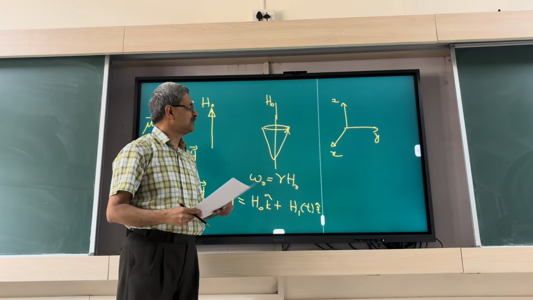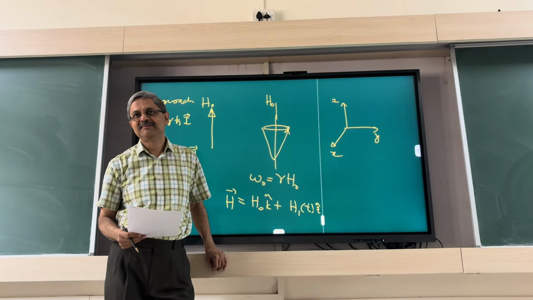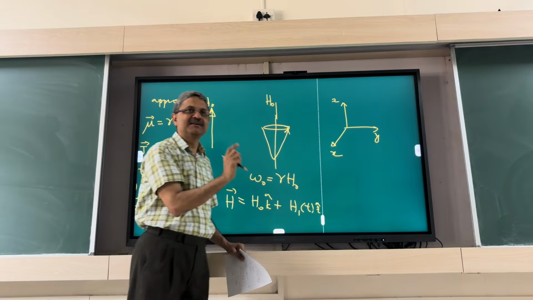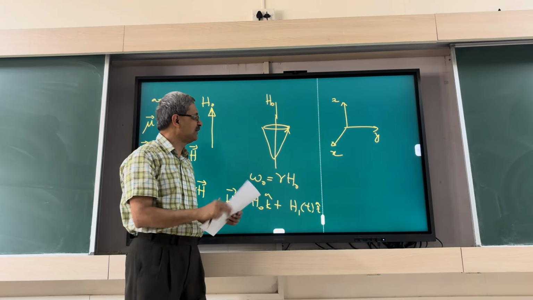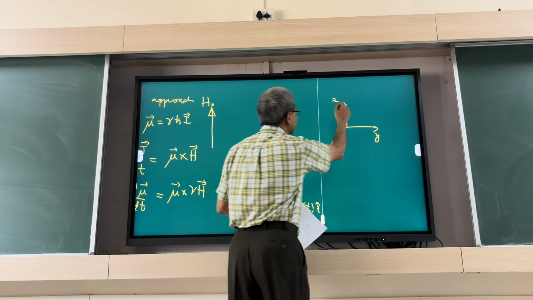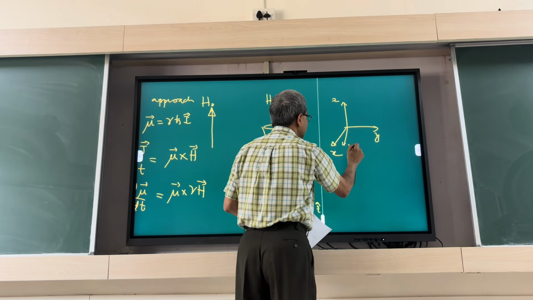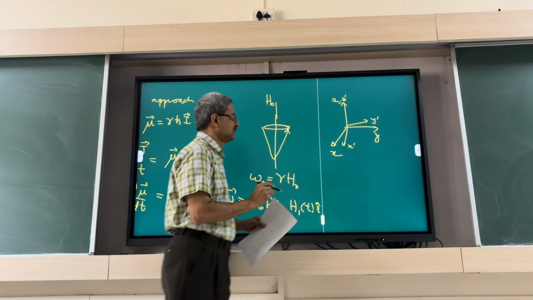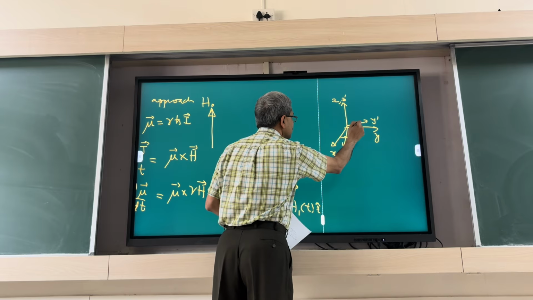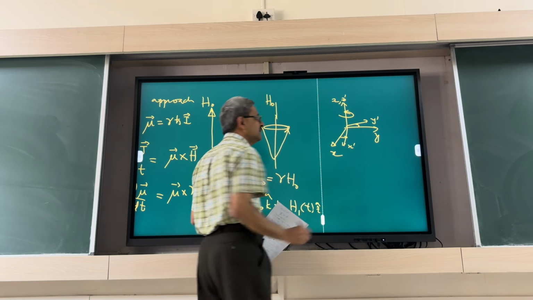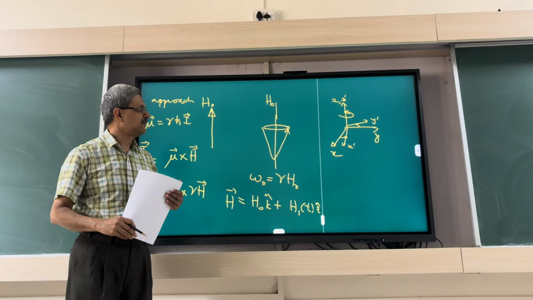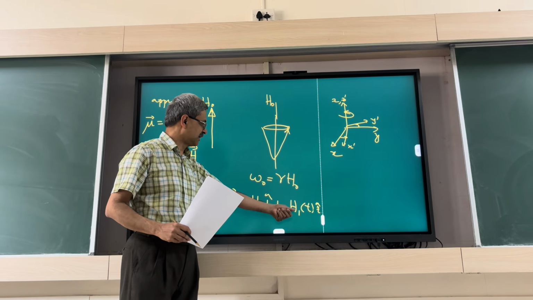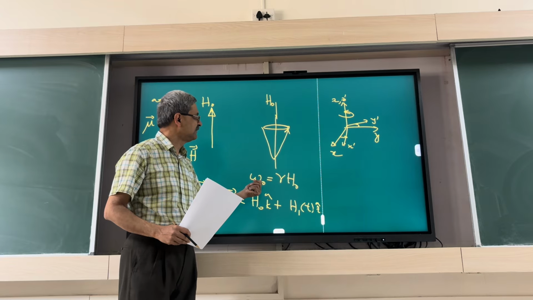If I now go to a rotating frame, which rotates along with the moment at the same frequency, about the Z axis, so I have my XYZ axes like this, and this is my X prime, Y prime, and Z prime is the same. So this is going this way.